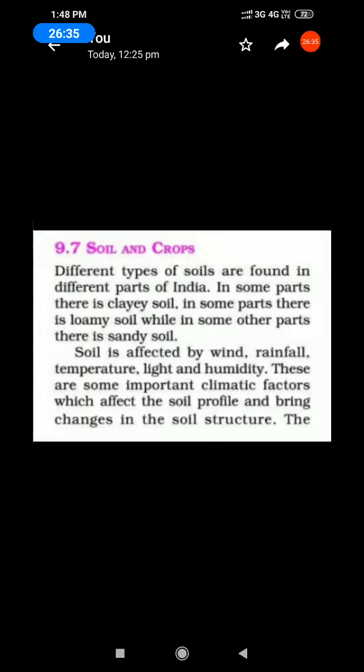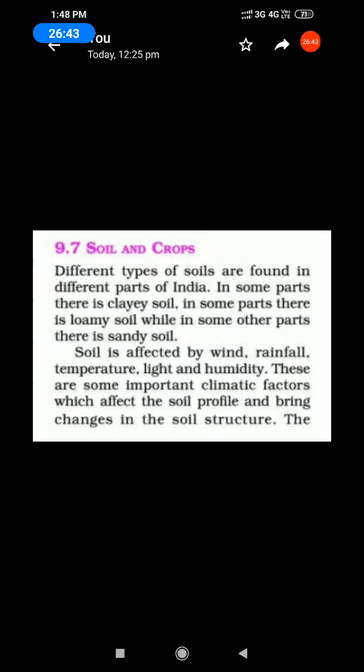Can you understand the absorption of water by soil, the activity? I hope you understand. Are you clear, students? Okay, next we will go to soil and crops. Next topic 9.7, soil and crops.